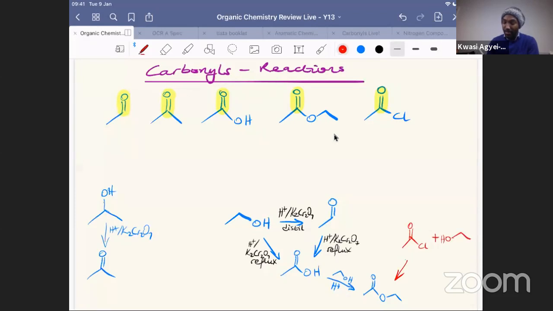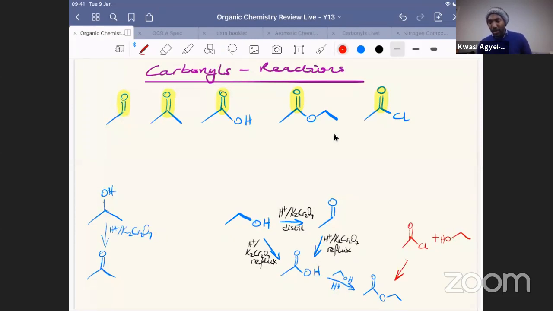That is much faster, but has the disadvantage of producing hydrogen chloride. Or you could use an acid anhydride, such as ethanoic anhydride, and that way you don't have the very corrosive hydrogen chloride product being formed. You would have ethanoic acid as a byproduct in that particular reaction.